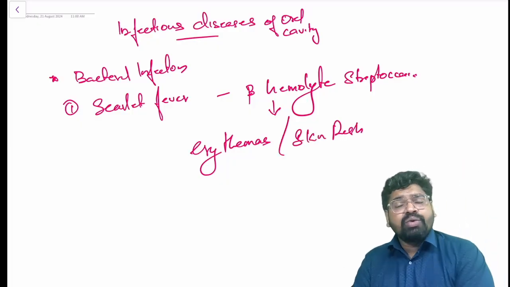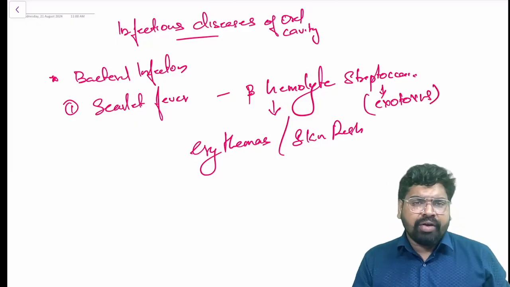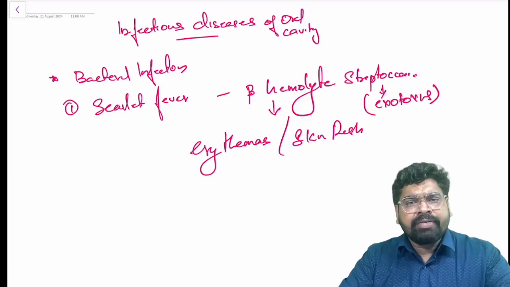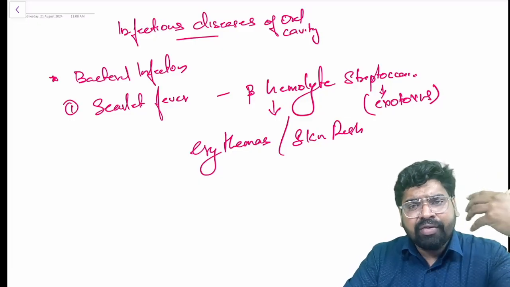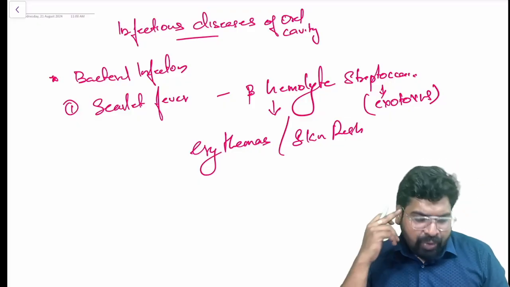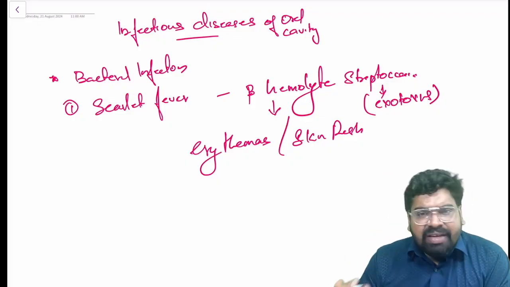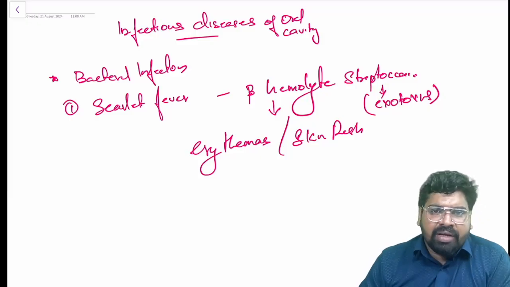This rash is due to the exotoxins of this beta hemolytic streptococci. The exotoxins attack your skin and the tonsils, causing tonsillitis and pharyngitis, and along with that you will have skin rashes. That's why we see skin rashes in scarlet fever.